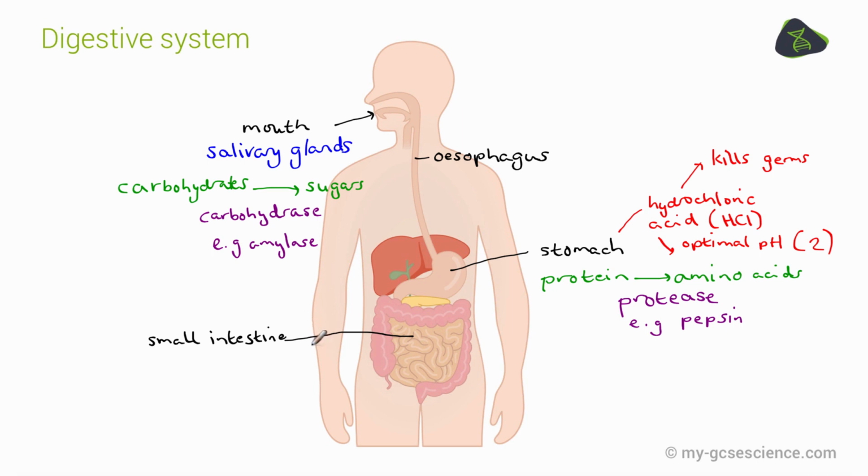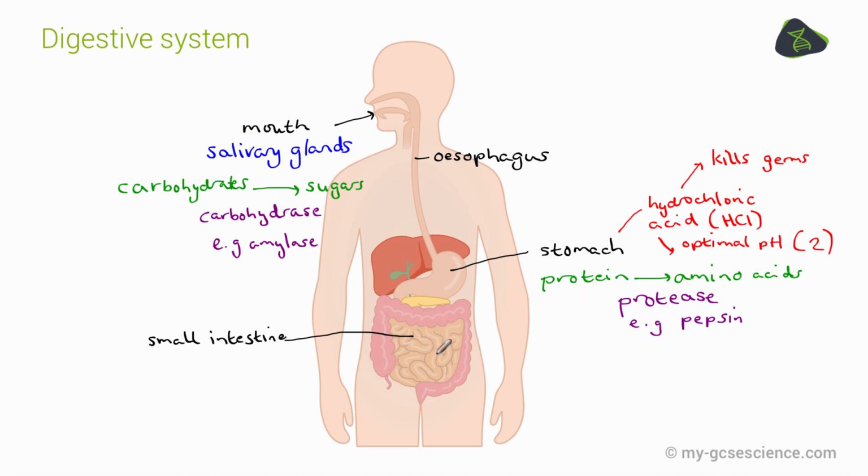So the small intestine is the business. A lot is going on in the small intestine. There will be enzymes belonging to the carbohydrase group that will be acting on carbohydrates still in the small intestine. There will be enzymes belonging to the protease group as well, working on other proteins that have gotten through to this stage.